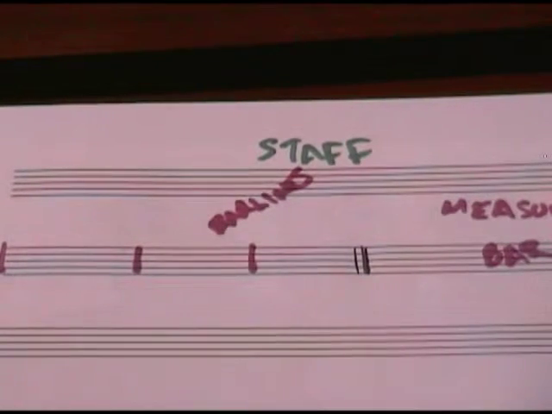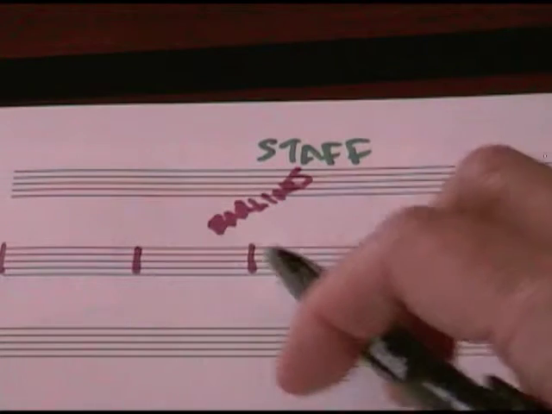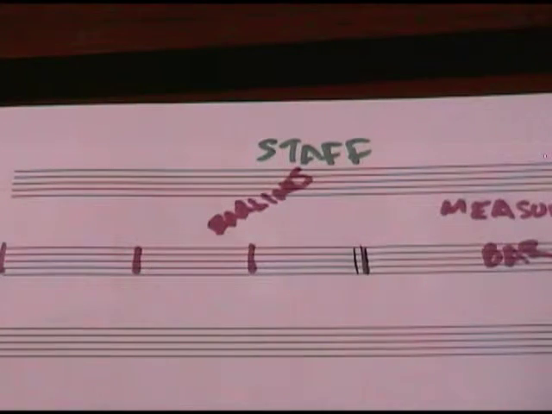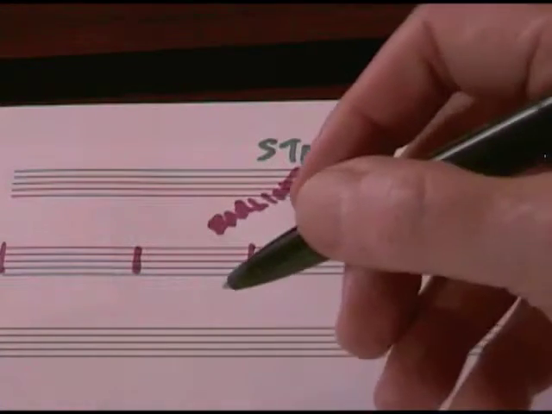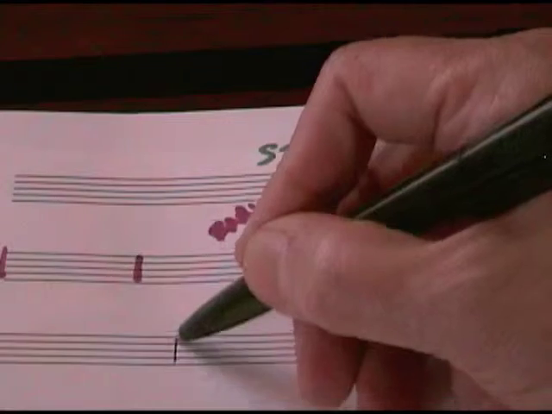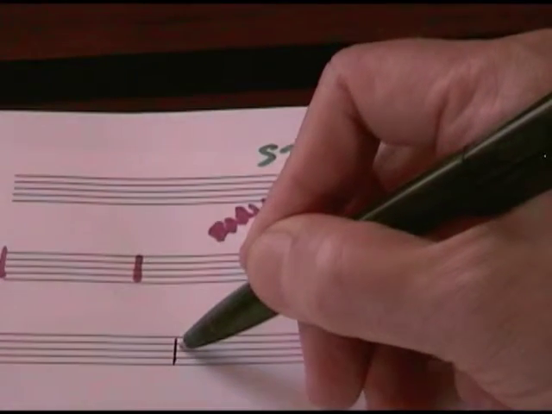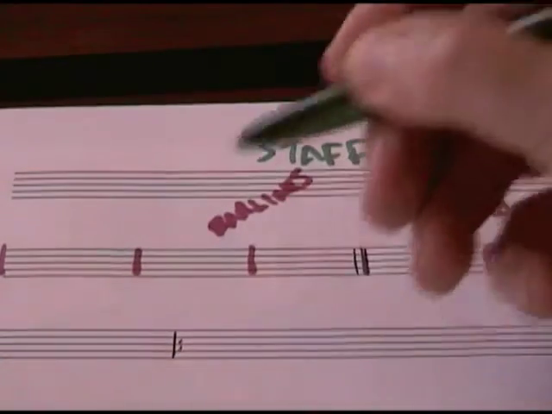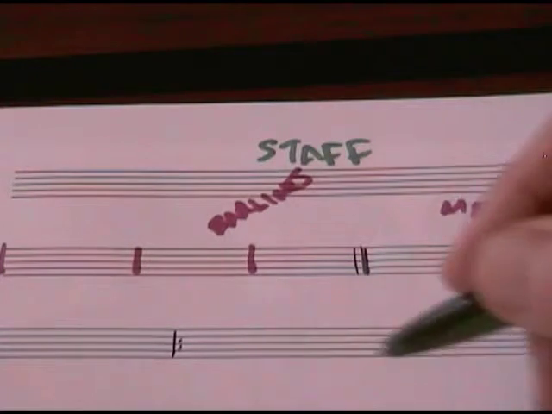Some other types of bar lines: the single bar, the double bar, and also a bar that would be used for repeats. What that will look like is a single bar line, and then 2 dots, which means that's the beginning of the part that's going to be repeated.